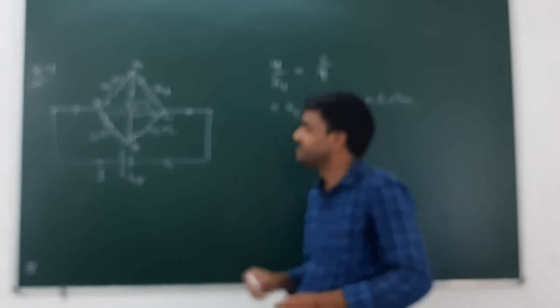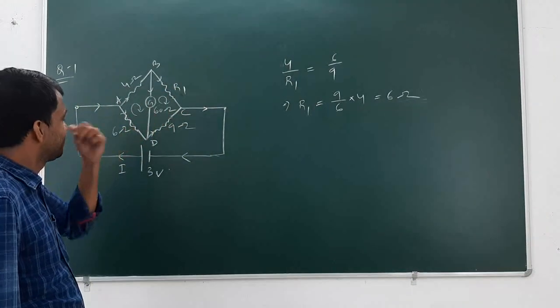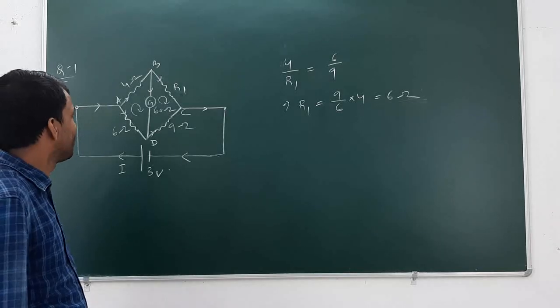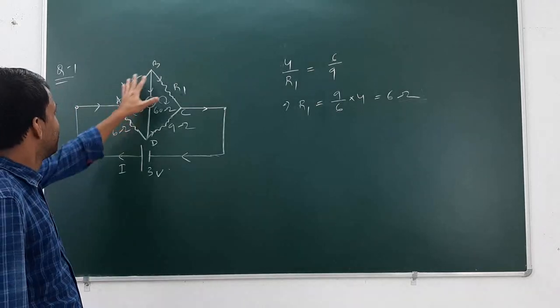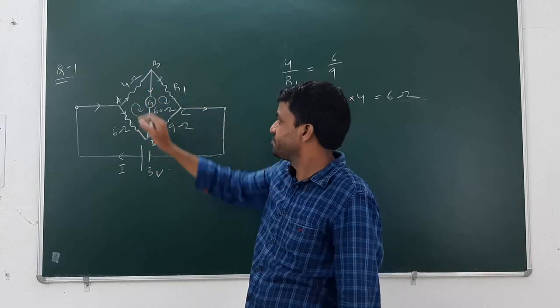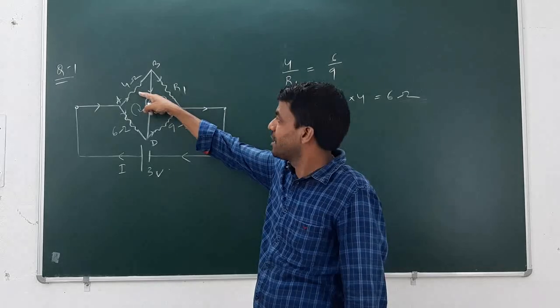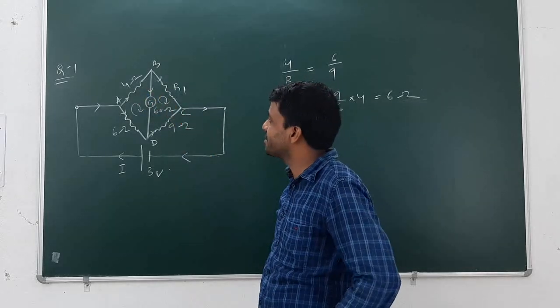Next question. Problem: find out the resistance R1. What is the value of R1? This is a Wheatstone bridge A, B, C, D. In the AB branch, a resistor of 4 ohm is connected.